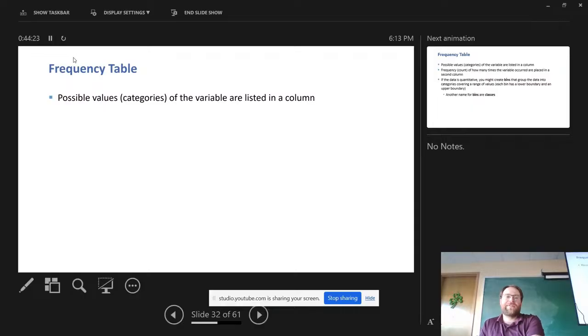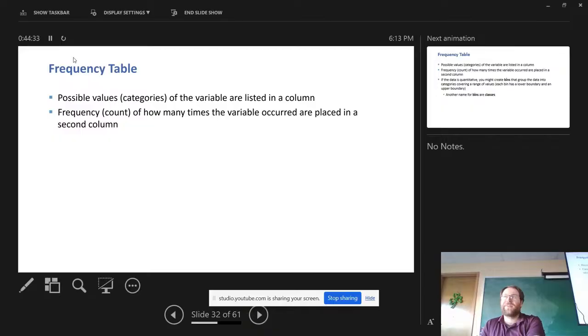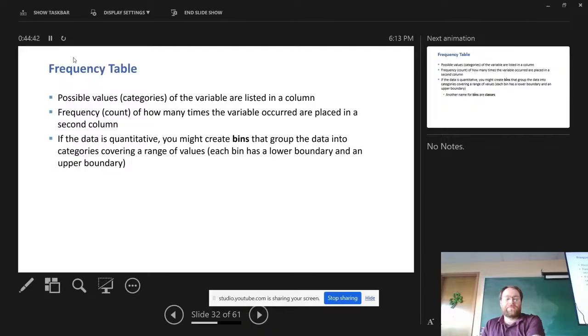But the first type of table is a frequency table. Basically, you're listing categories of the variable in one column and then how many times it occurs in the data for the second column. If you have quantitative data with numbers, you might create bins that group the data into categories covering a range.